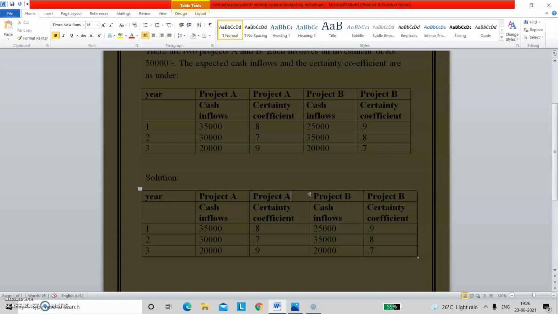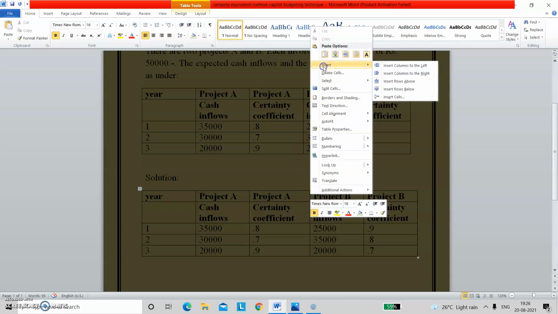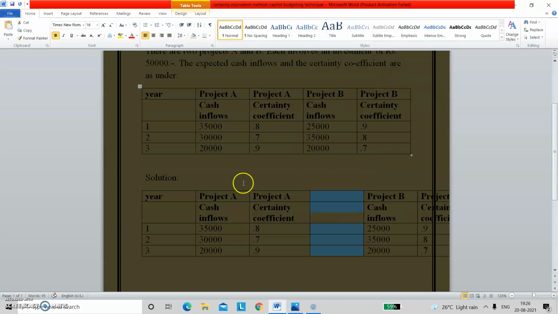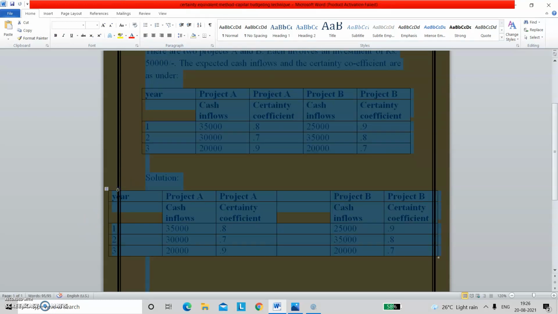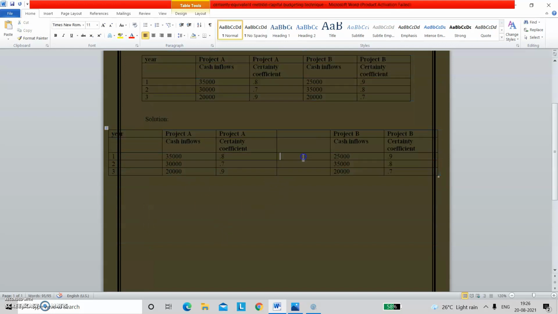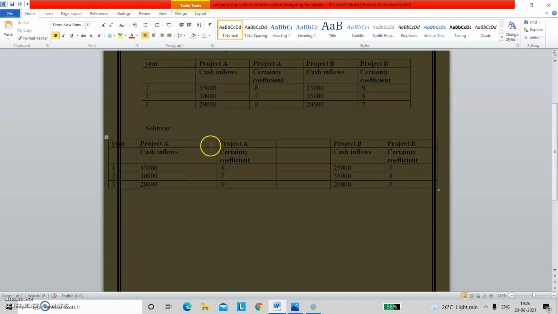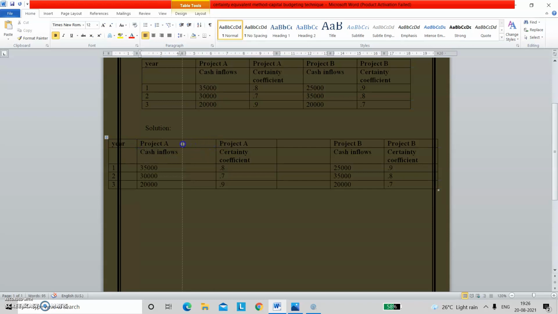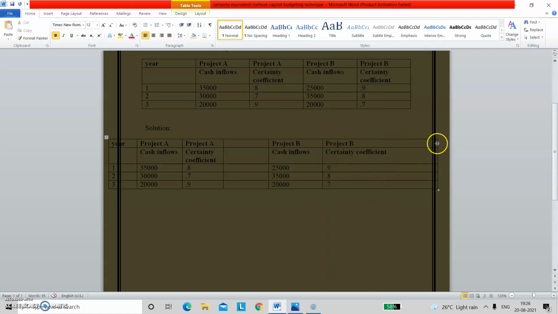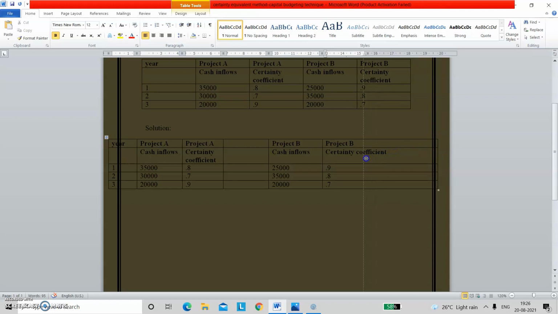We can minimize the gap over here so that one more column can be inserted, because I need to put two more columns.